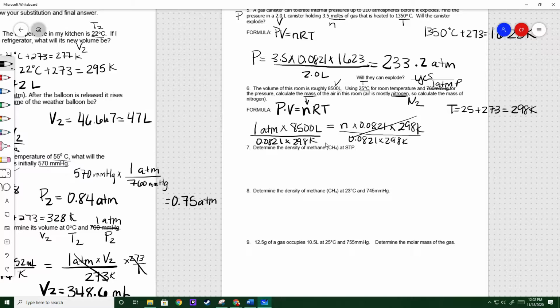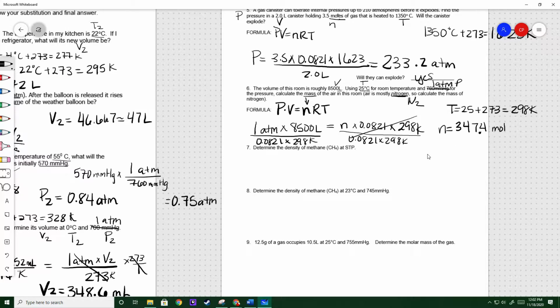So I get my n value would be 347.4 moles. Now you may think, well, how am I going to get the mass?